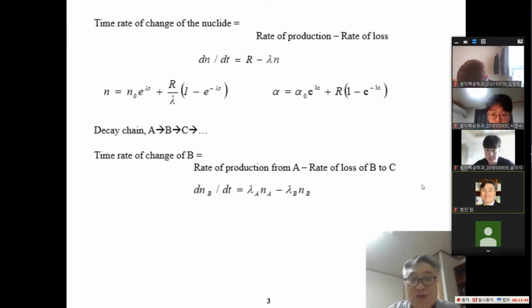You are learning engineering mathematics now, and in 4 weeks, you will learn how to get the solution from the above equation, dN/dt equals R minus lambda N. But this is what we call a decay chain interaction.